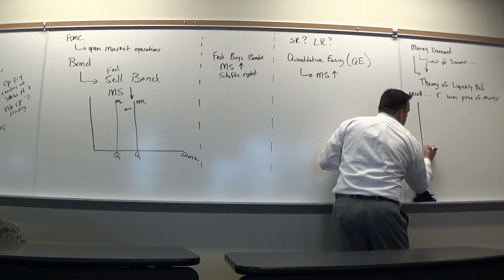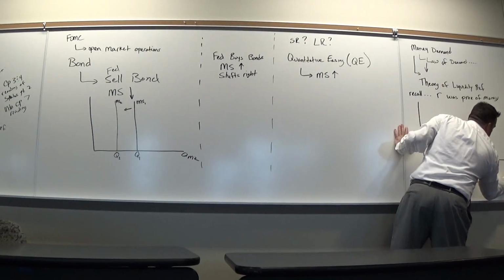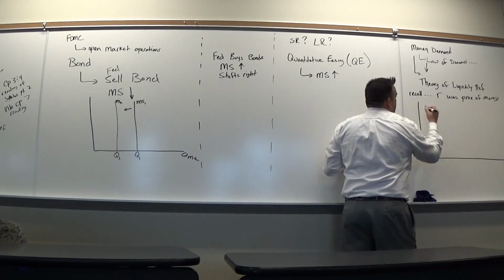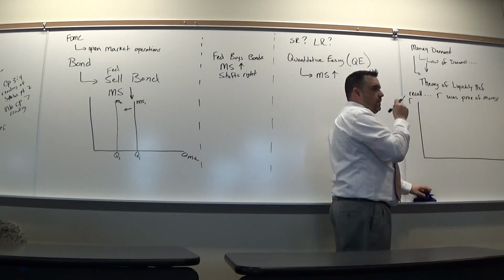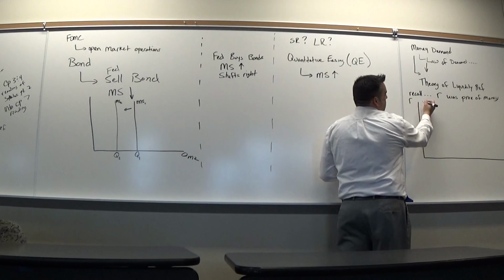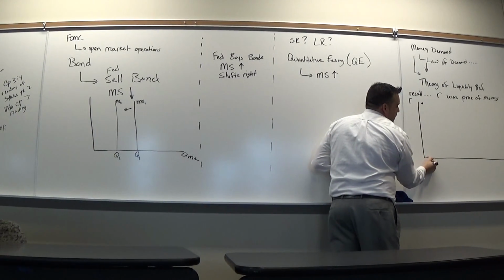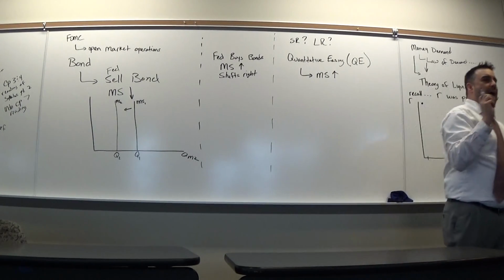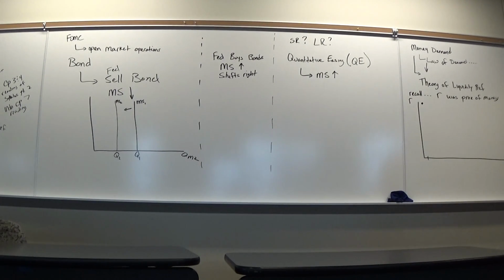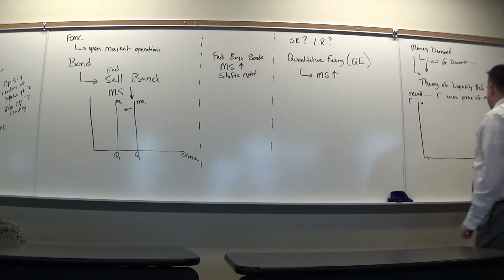If I were to now build this model that showed quantity of money as opposed to interest rates, if the interest rate is really, really high, you as a person would not keep a lot of money on hand. If you had extra money, you would put it into your savings account or some kind of interest-bearing account. So you would not keep it as cash on hand. You would deposit it into the bank.